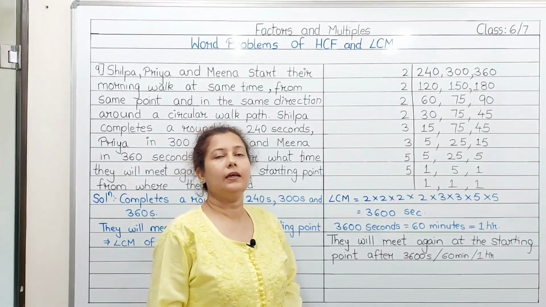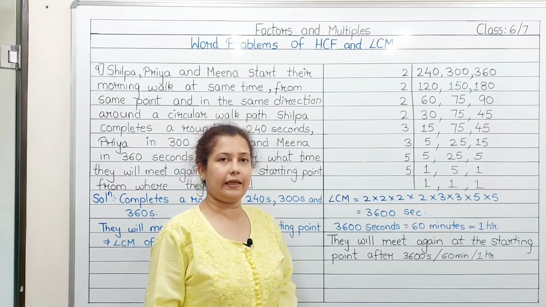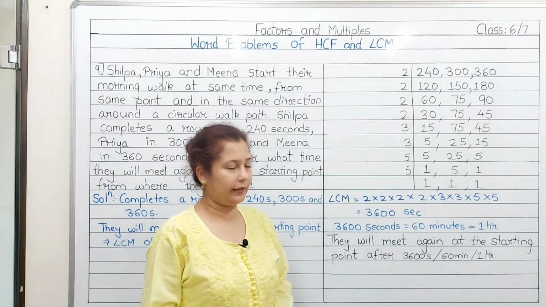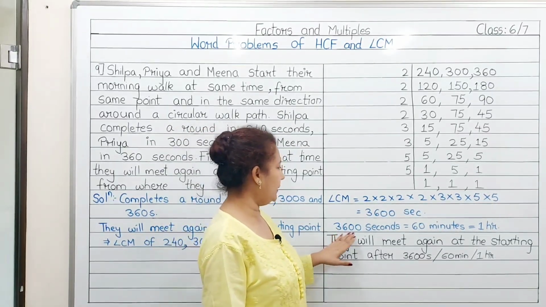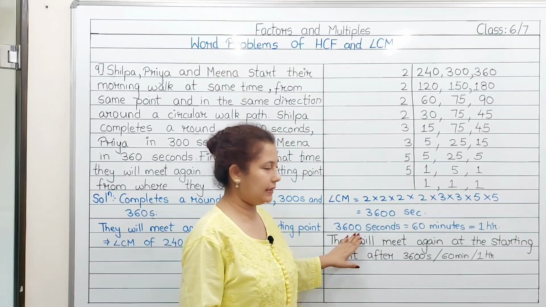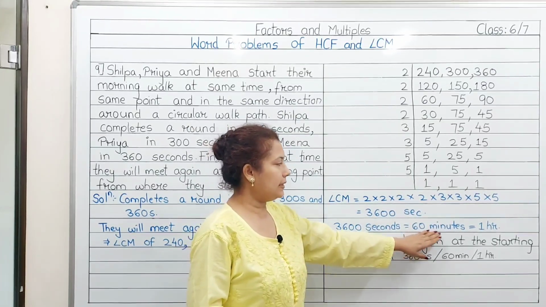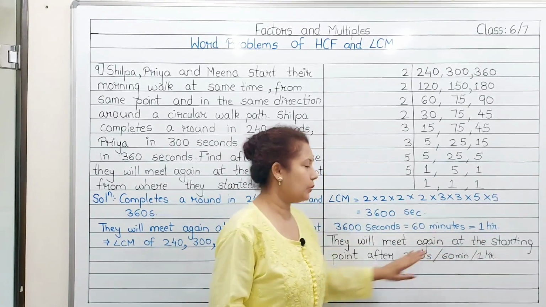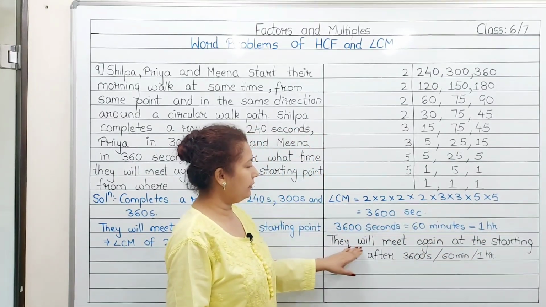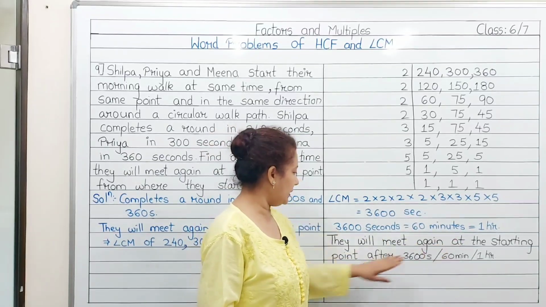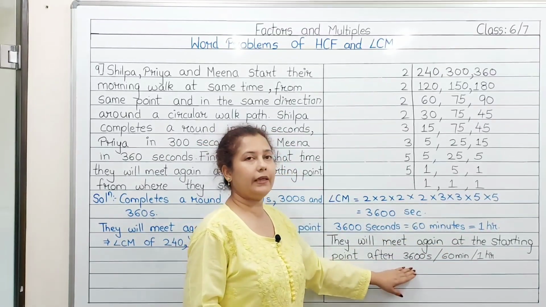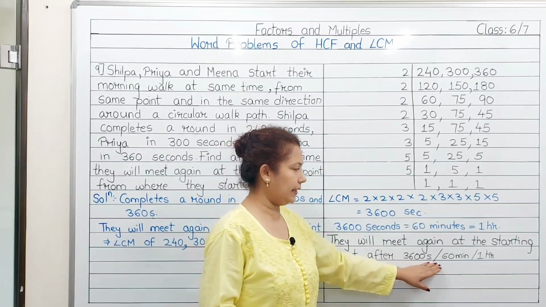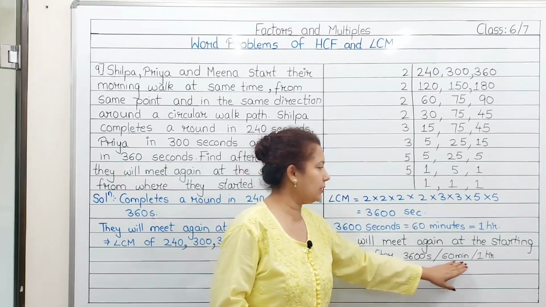But 60 seconds is equal to 1 minute. That means when we divide 3600 by 60, we get 60 minutes, and 60 minutes means 1 hour. So they will meet again at the starting point after 3600 seconds or 60 minutes or 1 hour.